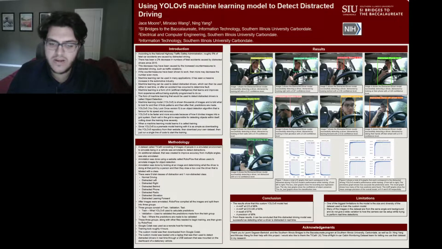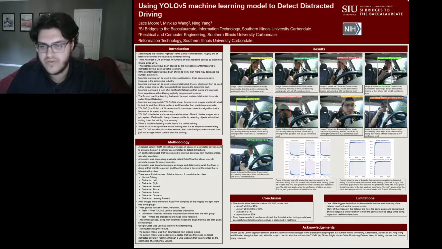So in conclusion, the results from this model had a mAP, or mean average precision, of 98%, which means the overall precision of this model was 98%. And from these results, it can be shown that the distracted driving model was successful in detecting the distracted drivers.